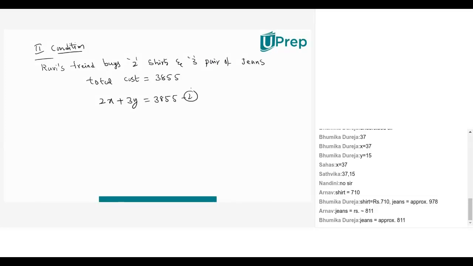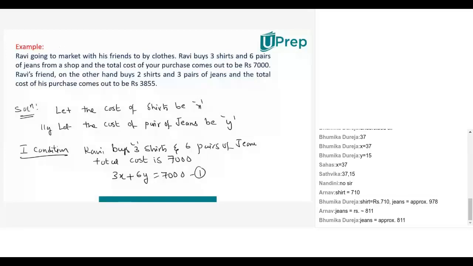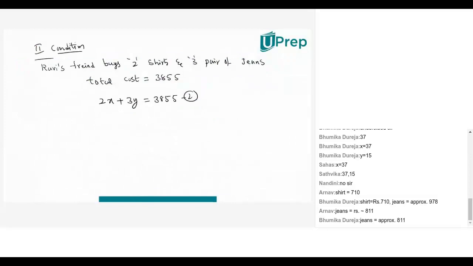Here's the second equation. Now what do you have? Your first equation is 3x plus 6y equals 7,000. The second equation is 2x plus 3y equals 3,855. Let's solve 1 and 2.